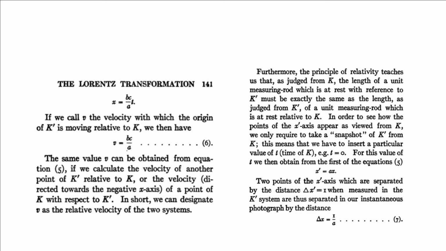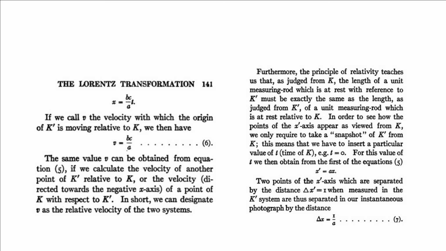Furthermore, the principle of relativity teaches us that, as judged from k, the length of a unit measuring rod which is at rest with reference to k prime must be exactly the same as the length, as judged from k prime, of a unit measuring rod which is at rest relative to k. In order to see how the points of the x prime axis appear as viewed from k, we only require to take a snapshot of k prime from k.